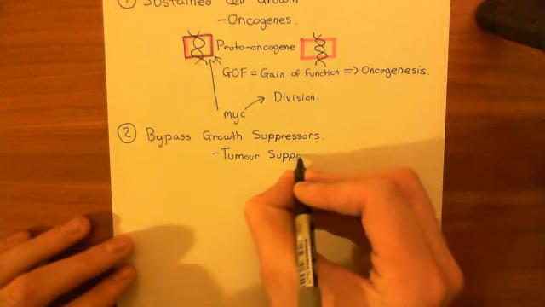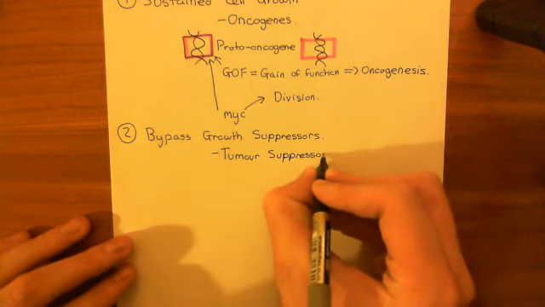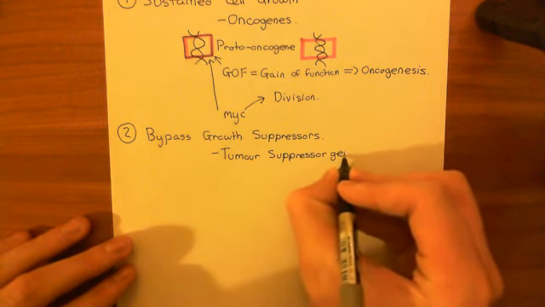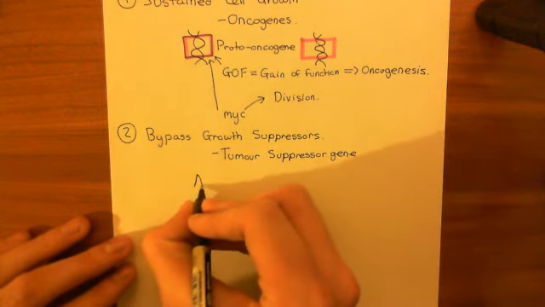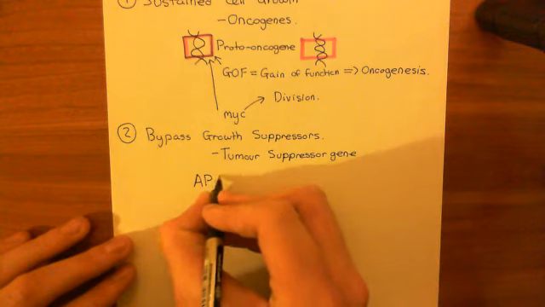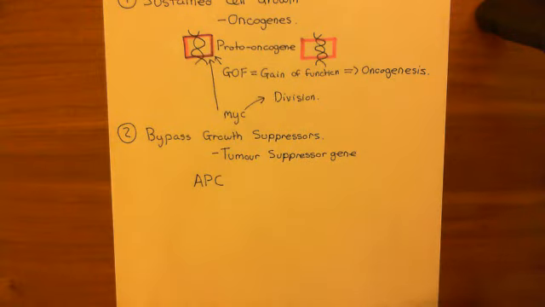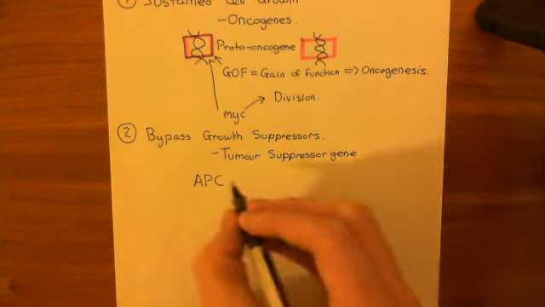as tumor suppressor genes. Okay, so perhaps the most famous example of a tumor suppressor gene would be the adenomatous polyposis coli gene, or APC, which encodes a protein which forms part of the beta-catenin destruction complex.